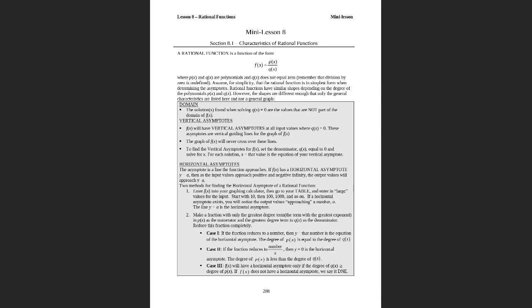For the second case, you would see a number over x. Sometimes you might have 2x over 3x squared plus 4. The greatest degree term on top is 2x, and at the bottom is 3x squared.